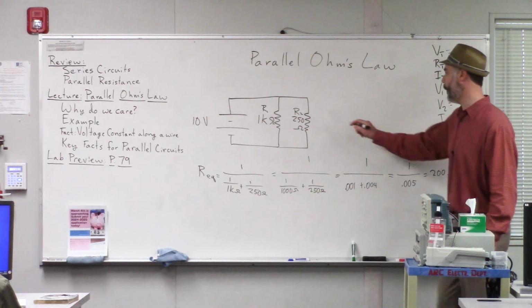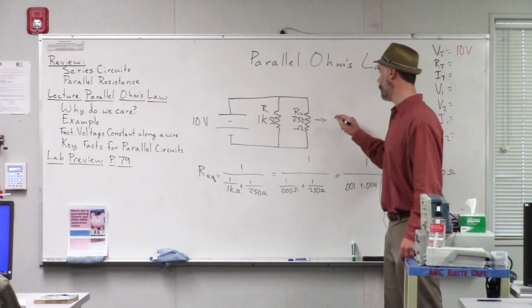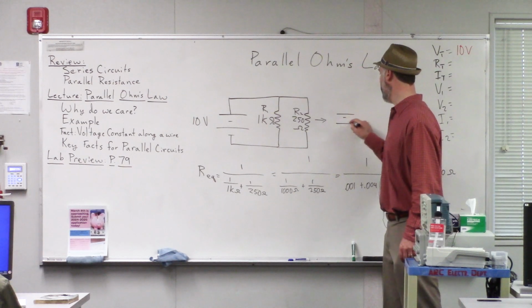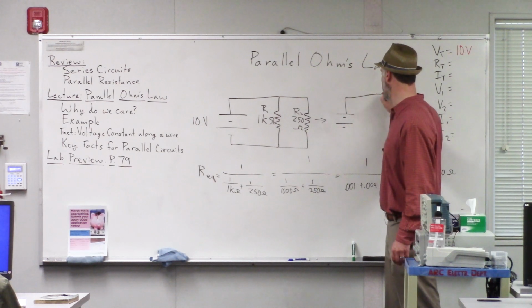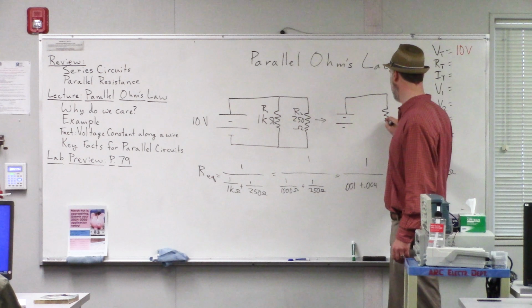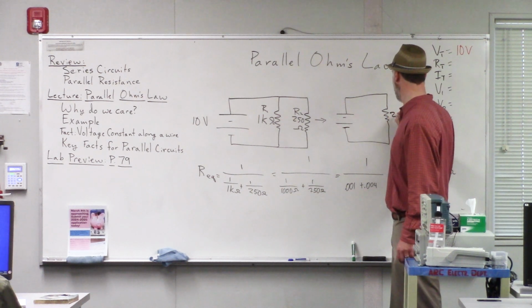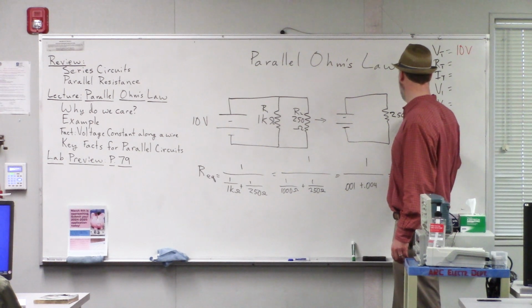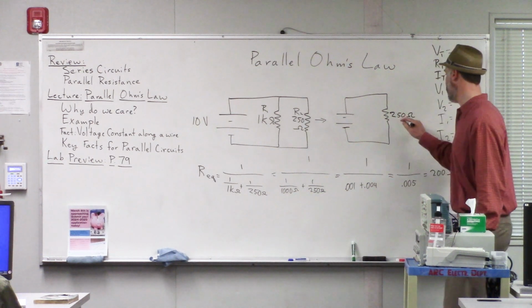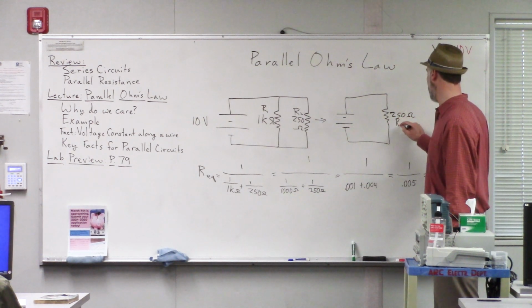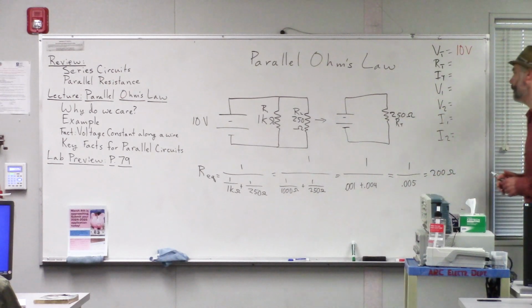So that means that I can redraw this circuit with just a single resistor that is 250 ohms. And that's the R total or R equivalent.